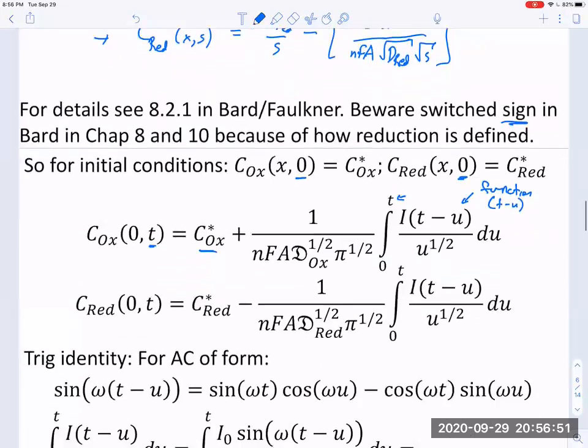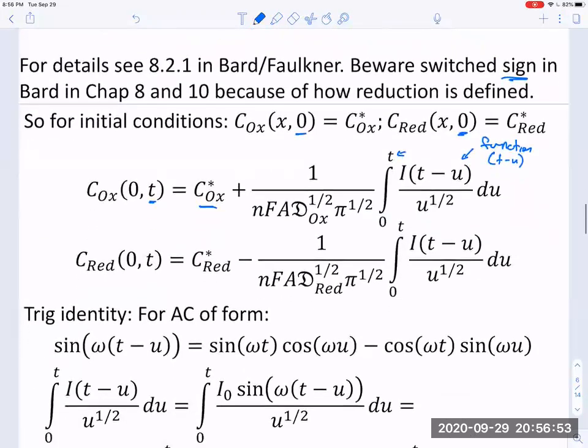Okay, so this might look a little tricky. How do we actually get to this? So we know for our specific condition, we're thinking about solving this for electrochemical impedance spectroscopy. So we know we have an AC current, right? And the AC current, we'll say it has the form of the current is some I0, some current amplitude, times sine of omega, its frequency, times t, right?